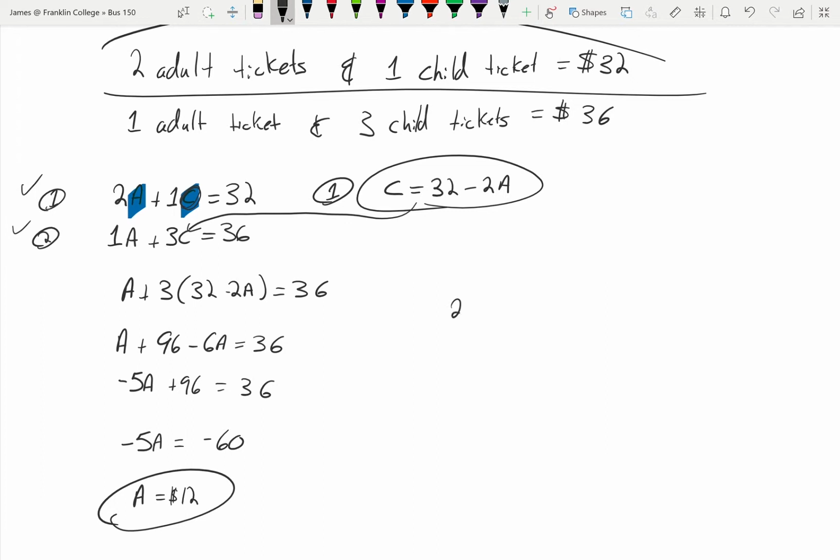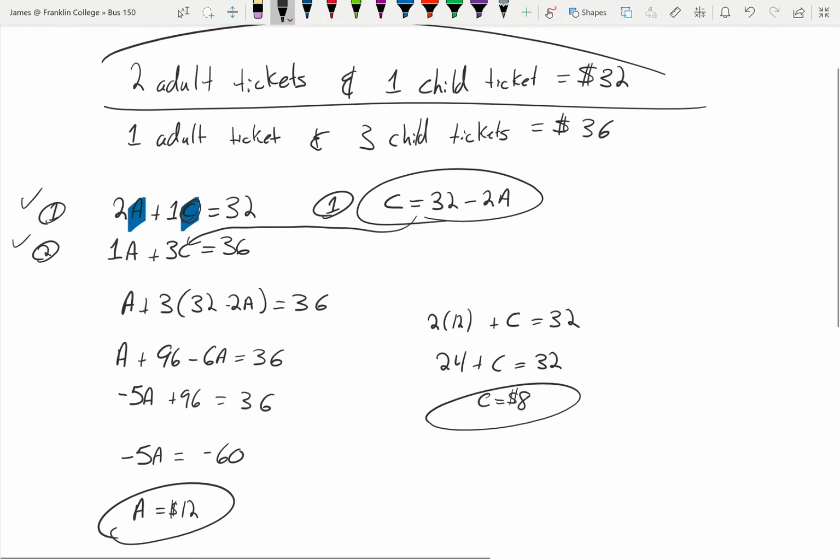So if 2a plus c equals 32, that's the first equation, all we're going to do is 2 times 12, because we know what a equals, plus c equals 32. 24 plus c equals 32, and then we subtract 24 from both sides, and c equals 8, or more specifically $8.